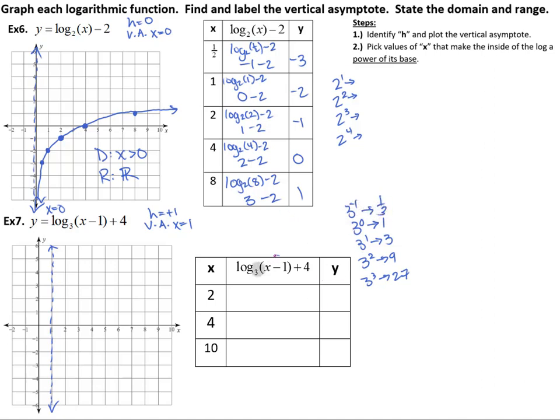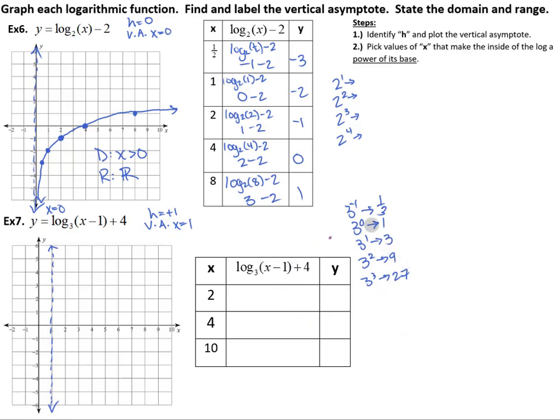Okay, so notice, though, I want the inside of this logarithm to equal 1 or 3 or 9 or 27. So the value of x I pick when I subtract 1 from it needs to be 3 or 9 or 27.